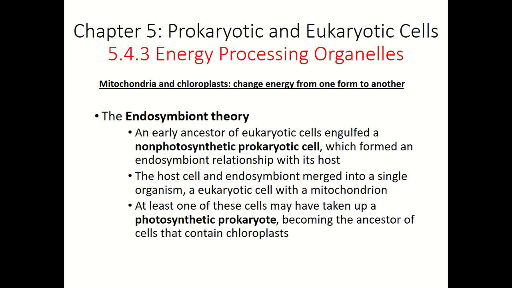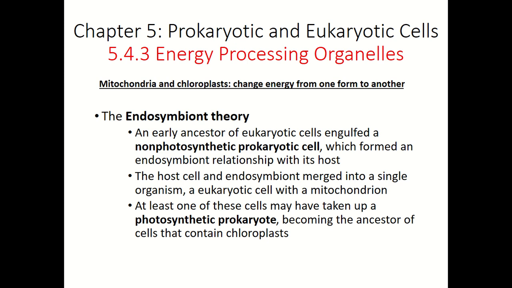So the host cell and the endosymbiont will merge into a single organism, which will become a eukaryotic cell with the non-photosynthetic prokaryotic cell, which is now known as the mitochondria.